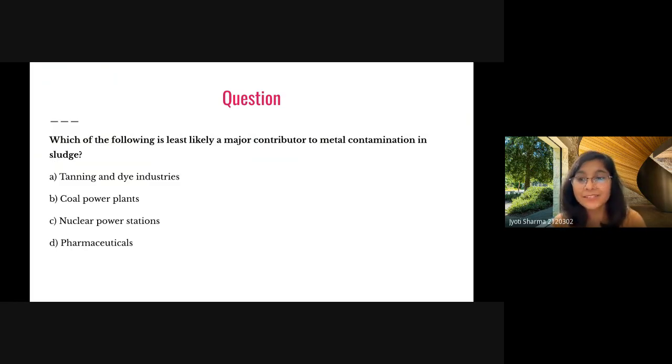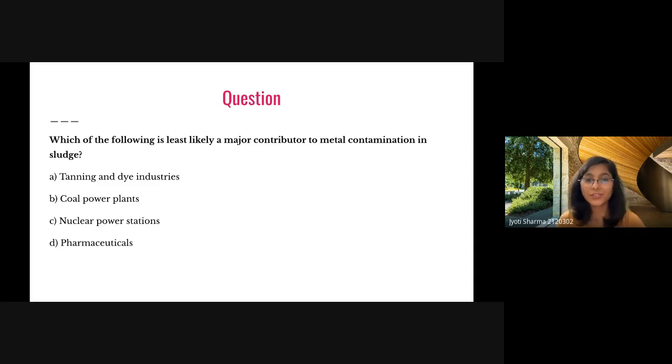Nuclear power plant is giving you, let's say, cesium or thorium. So these are chemical metals. And even some cadmium rods are also used in nuclear power plants. So C is not the right answer.